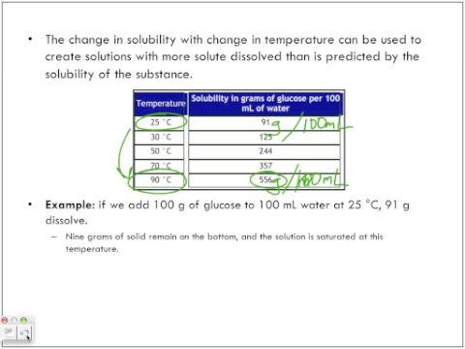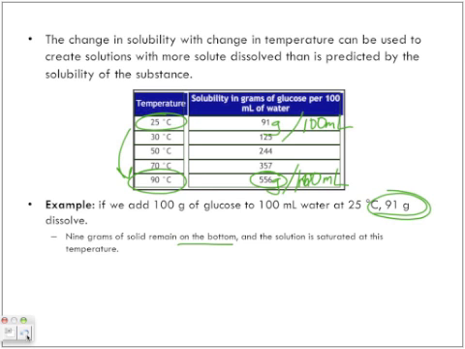So, if we add 100 grams of glucose to 100 milliliters of water at 25 degrees Celsius, only 91 grams will actually dissolve in water. The remaining 9 grams is going to remain at the bottom, and the solution is saturated at this temperature. So, the solvent is holding the maximum amount that it can have dissolved within it.